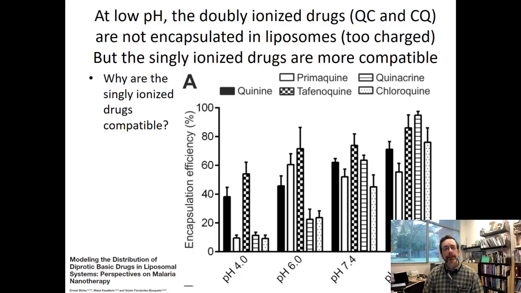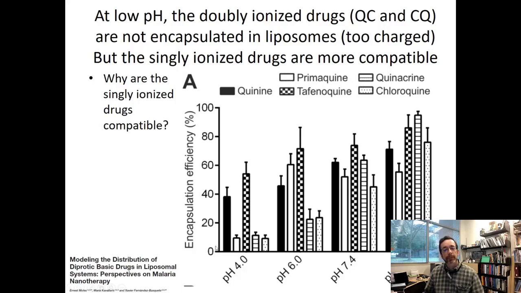And they find that it's hard to get the doubly ionized drugs to be encapsulated in the liposomes, because even at low pH, they are far too charged. All of the molecules have 2 charges on them instead of some of the molecules having 1. And so these doubly ionized drugs at pH 4, they don't go into the liposomes.